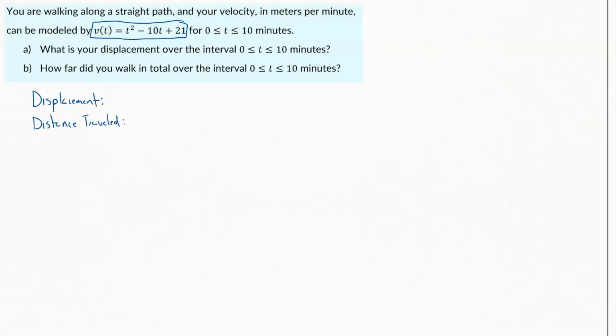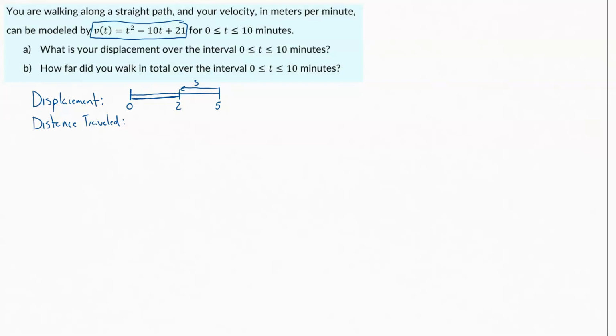What I always tell people, the way I keep track of it in my head, is displacement means, let's say I start here at 0 and I take 5 steps forward, but then I take 3 steps backwards. Then my displacement, how far I moved from that original position, is just 2 units. 2 steps is all I ended up going.